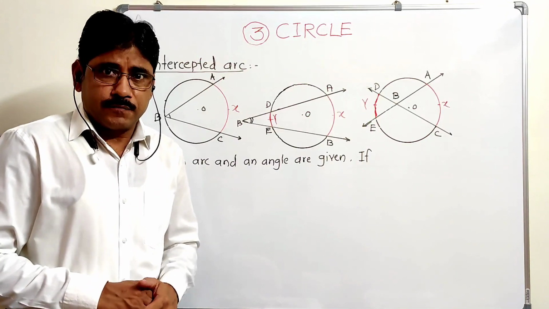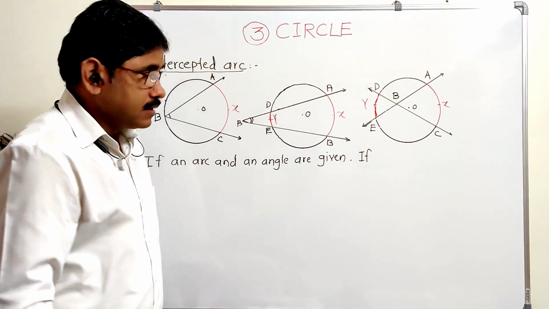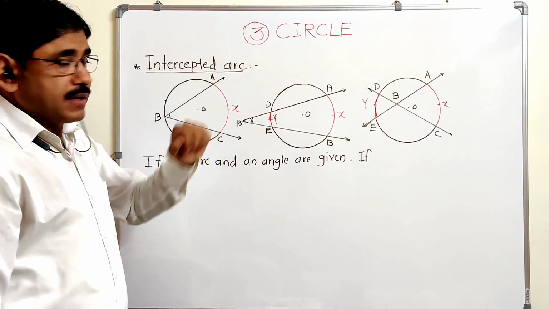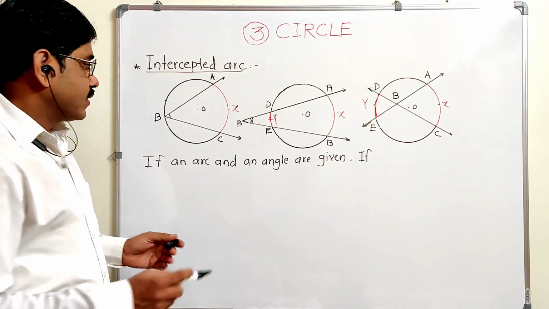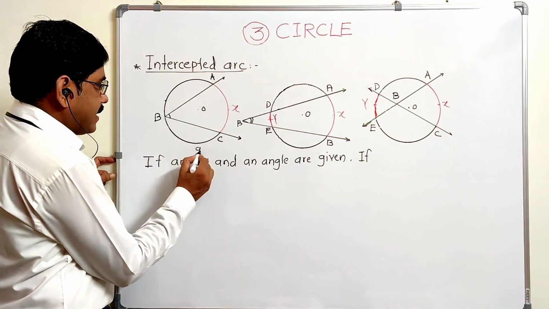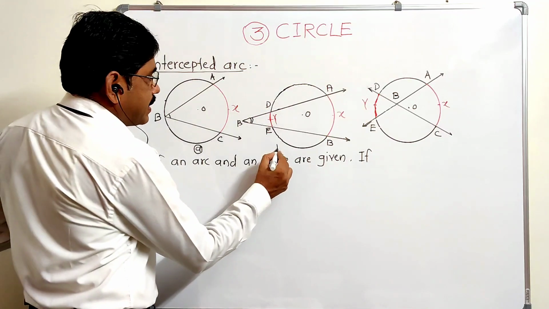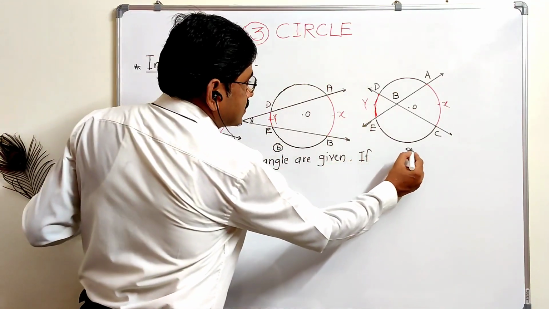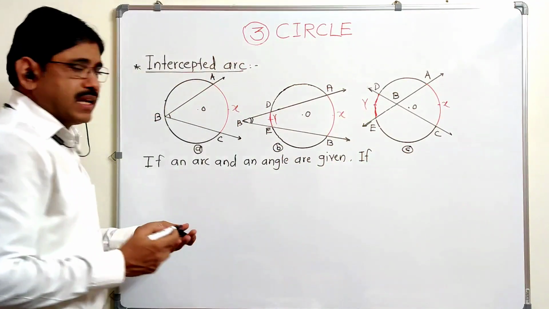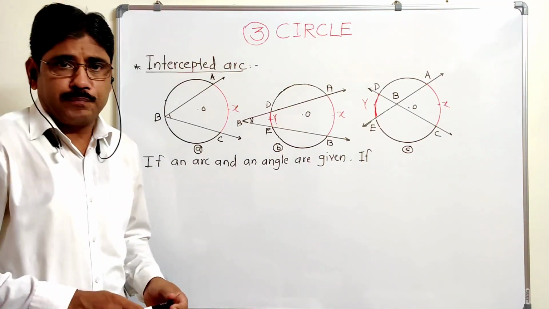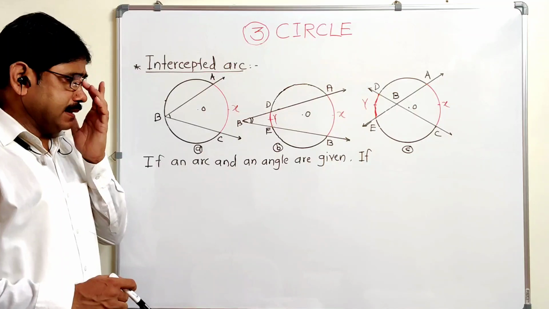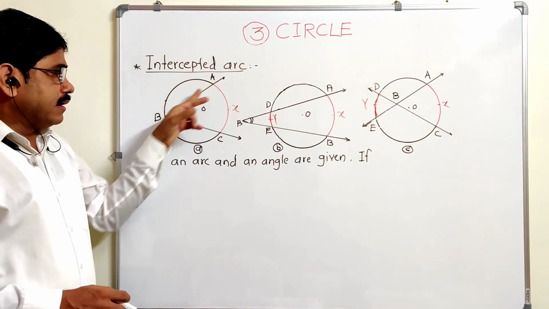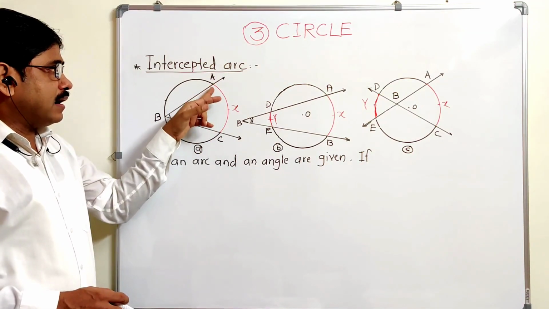So students, the second concept is the concept of intercepted arc. Here three figures are shown on the board: figure A, figure B and figure C. In figure A, there are angle ABC and arc AXC.